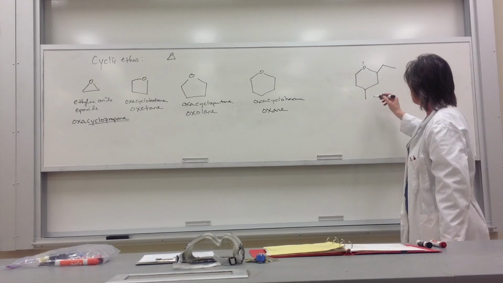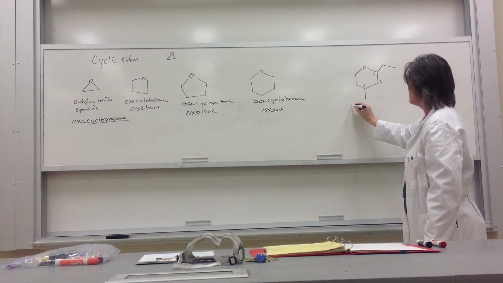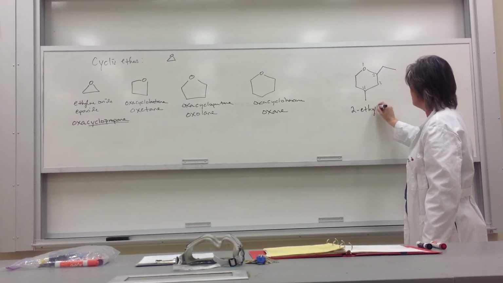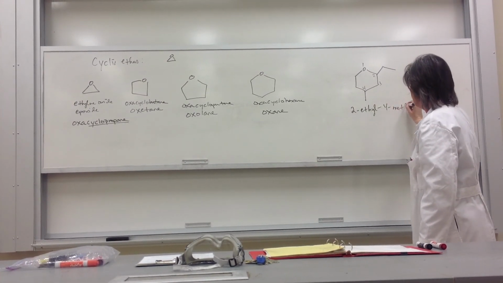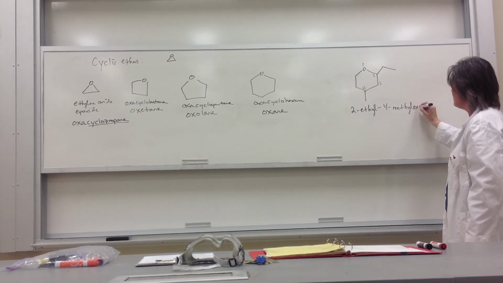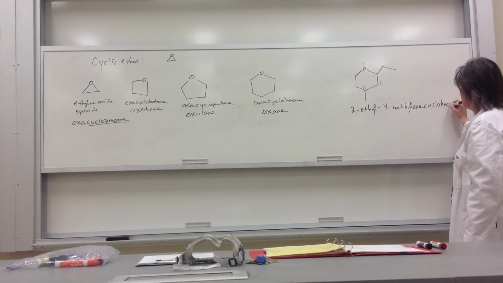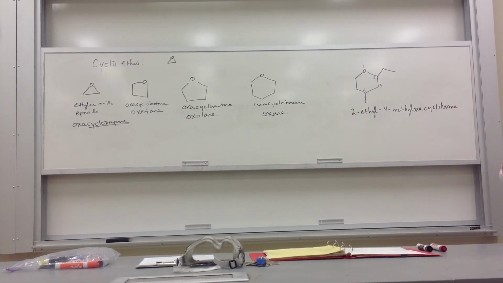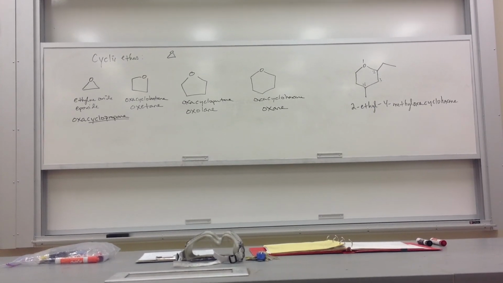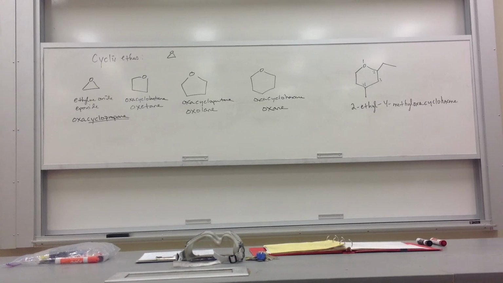I'm going to number this way, 2, 3, 4. So this would be 2-ethyl, 4-methyl, oxacyclohexane. I could also have said oxane. Okay, so naming them is really pretty easy.